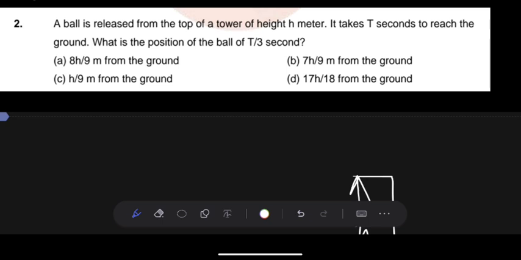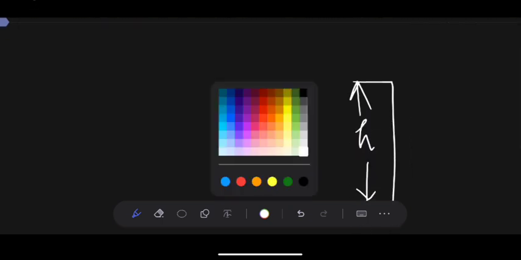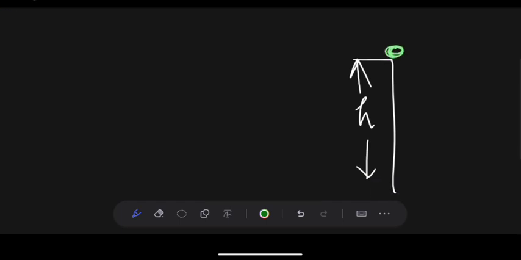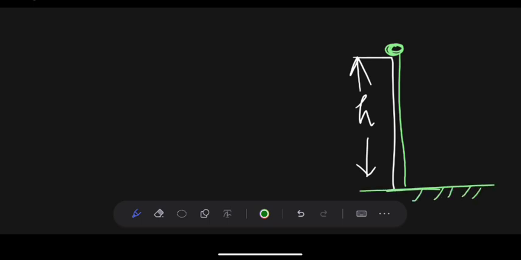It takes t seconds to reach the ground. For example, if the ball is released from this particular point and it travels this much distance to come to the ground, this is the ground level, then the time is t seconds.